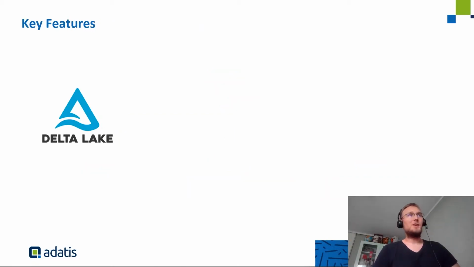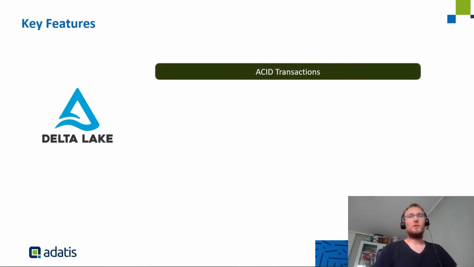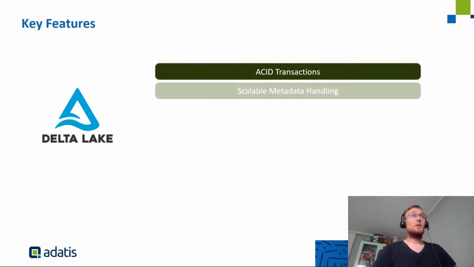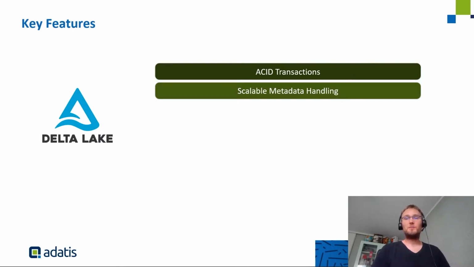So once again, key features of Delta Lake: it brings ACID transactions thanks to the transaction log. And thanks to the transaction log also, metadata can be handled like data if we leverage Spark's distributed processing power.